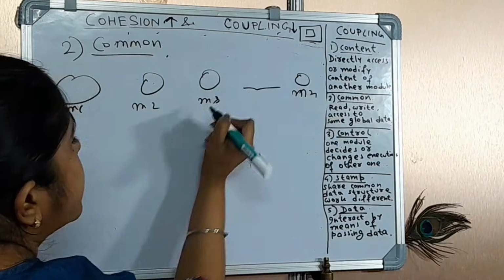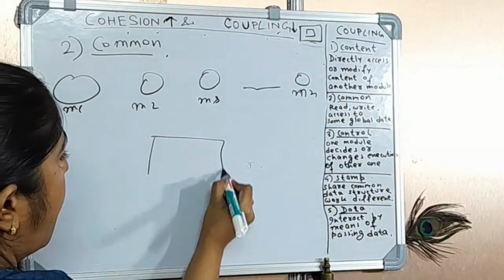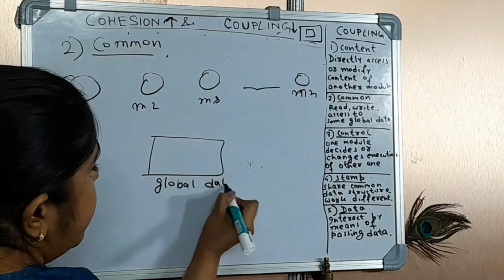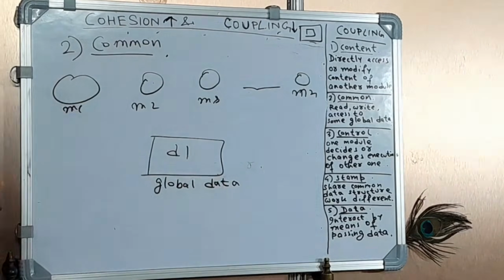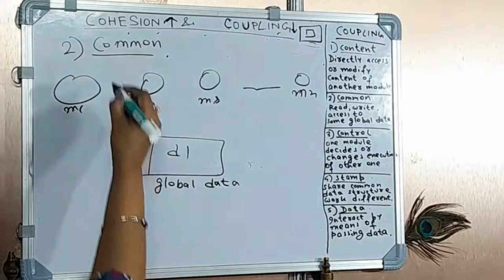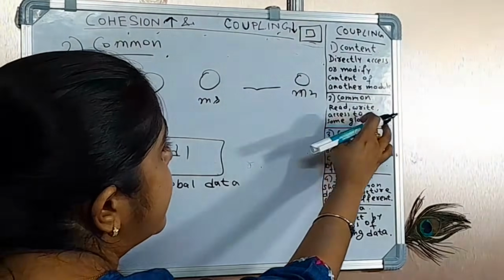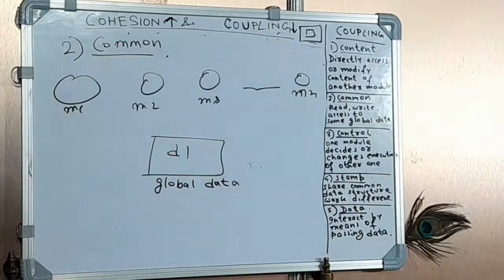Here is a common data, global data, suppose D1. How will we check the interdependability between each other? We have to see if they can read, write, access some global data.